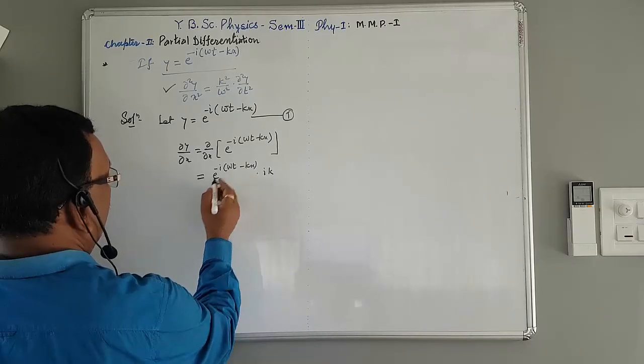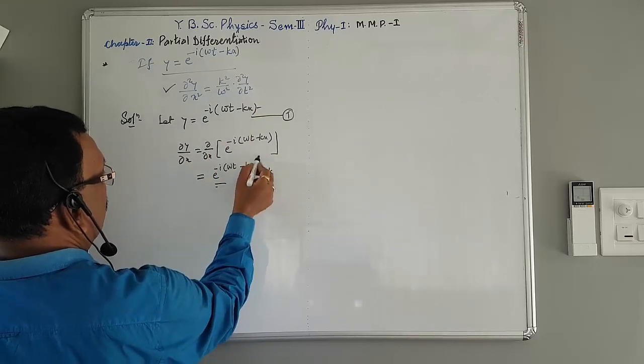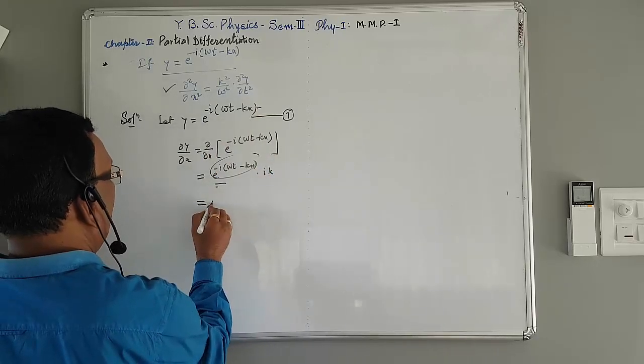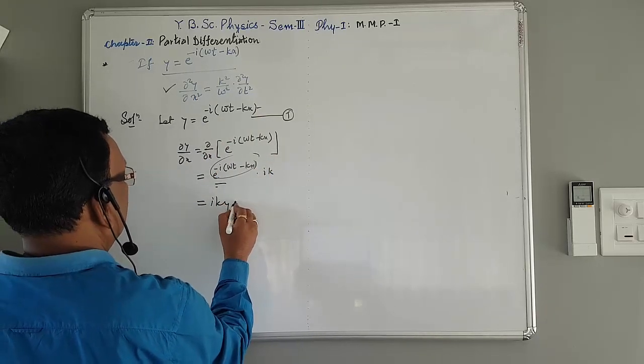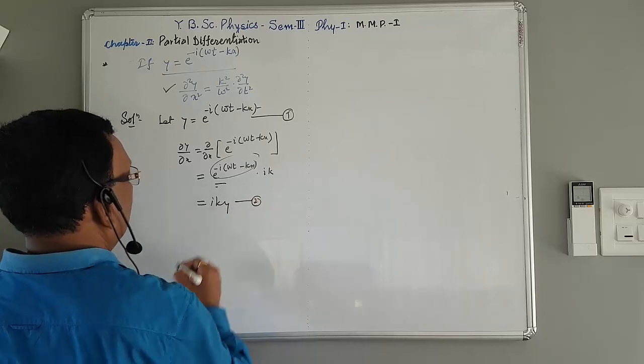But this is nothing but y. Therefore, ik y. This is the first order derivative.